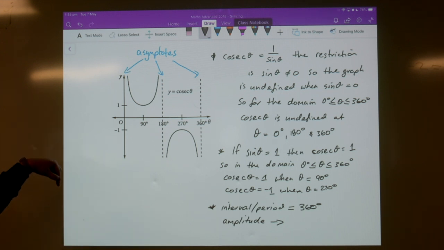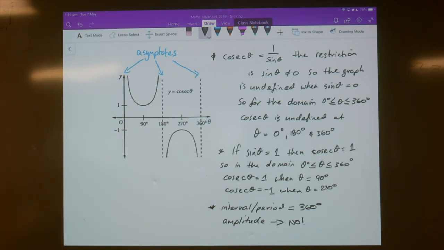So no amplitude for that one. I mean, it can't equal less than 1, is it? Of course it can. It can't equal between 1 and minus 1. But there's no minimum or maximum. Yeah. Alright.